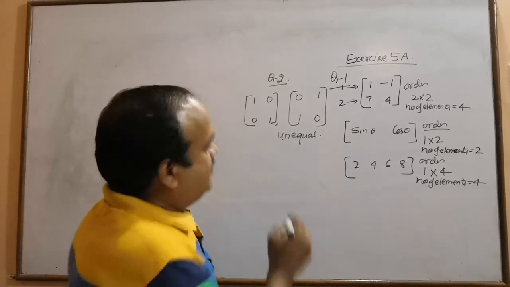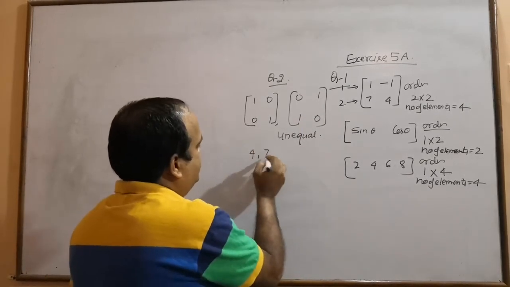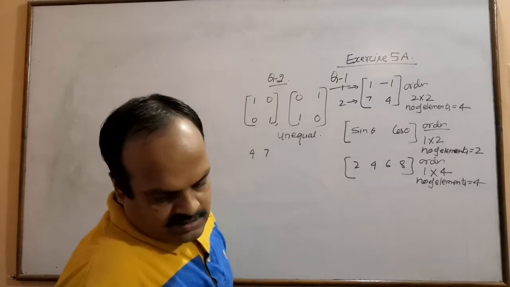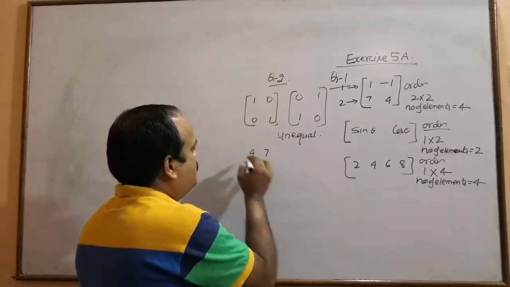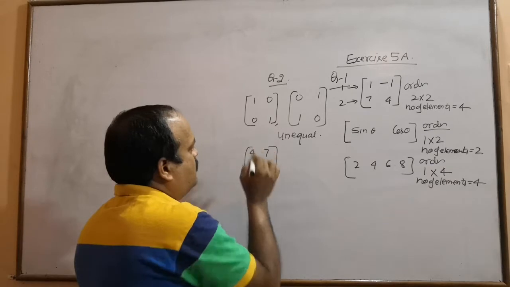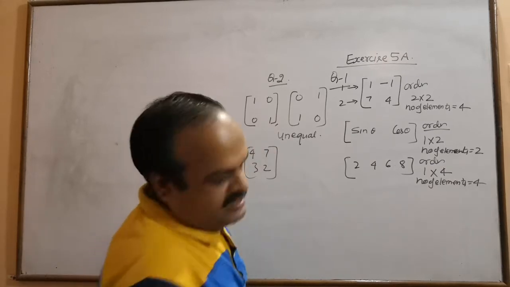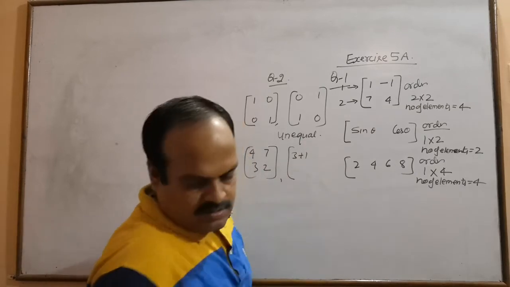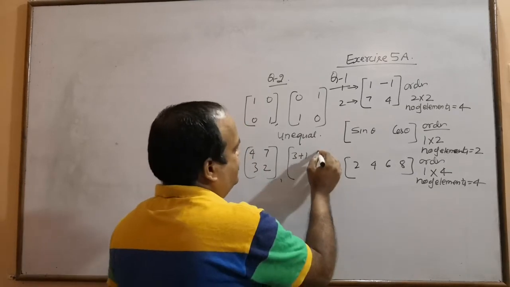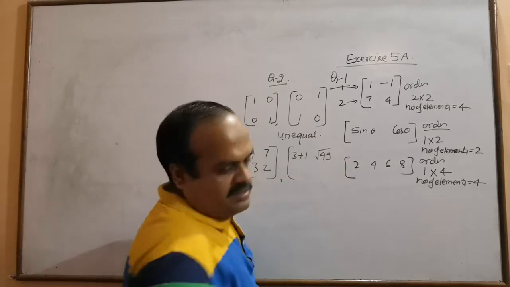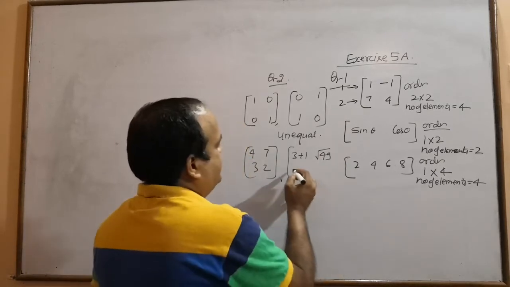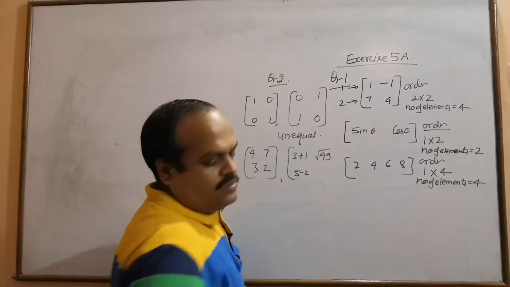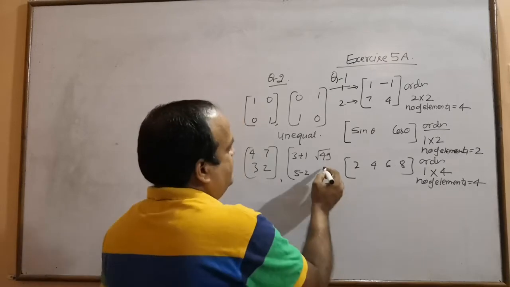Next, 4, 7, 3, 2. Second, 3 plus 1, square root 49, 5 minus 2, 6 by 3.